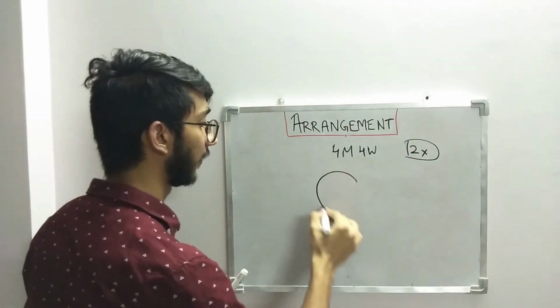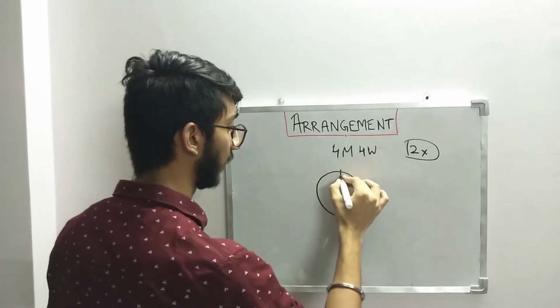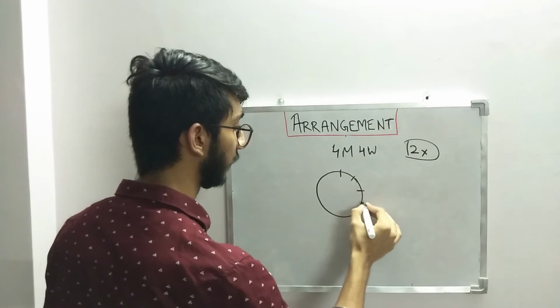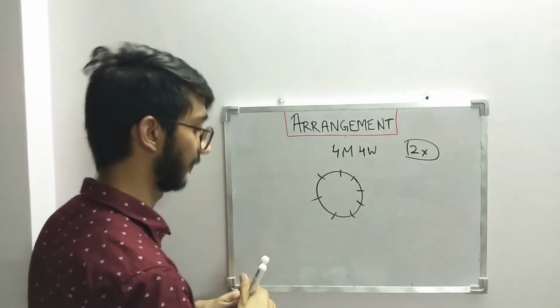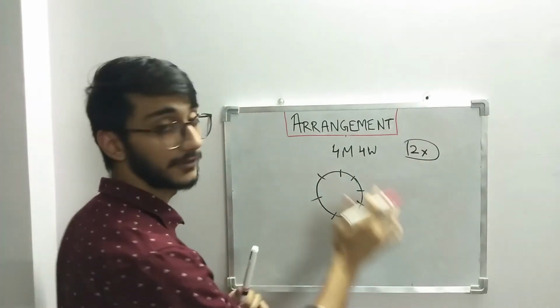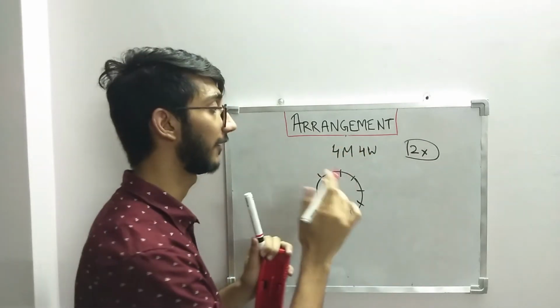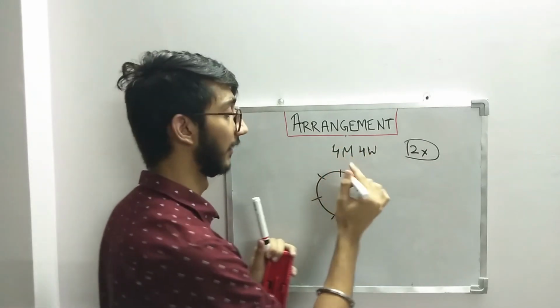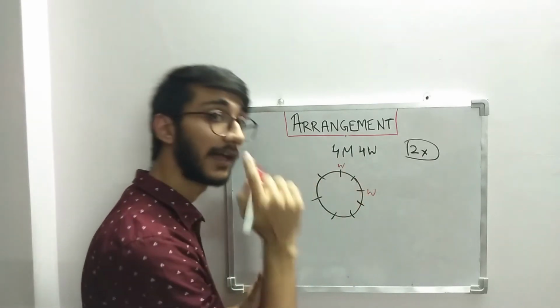So again I'll draw a circular table, and now I have 1, 2, 3, 4, 5, 6, 7 and 8 places, right? But I know that I have to make the arrangement such that two women are never seated together. So that means if I have 4 women and 4 men, in between every 2 women there has to be 1 man.